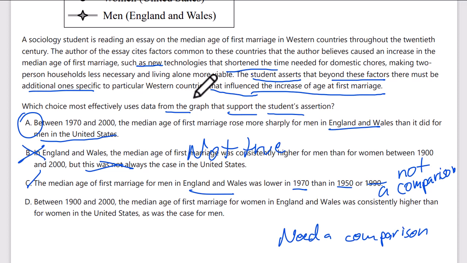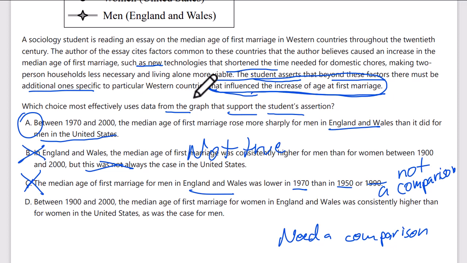So that can't be right, even though it looks like a very interesting period on the graph. A student's eye, in fact my eye at first, zeroed in on that part of the graph too. But I realized for the condition itself, it's probably not right. And this is definitely not right because it's not a comparison, which is what we need to show that there are other factors going on here.